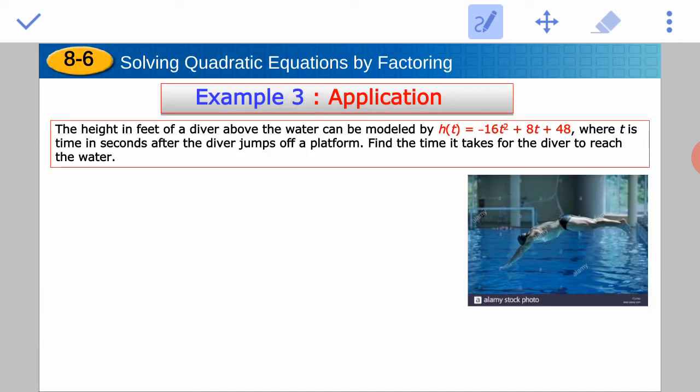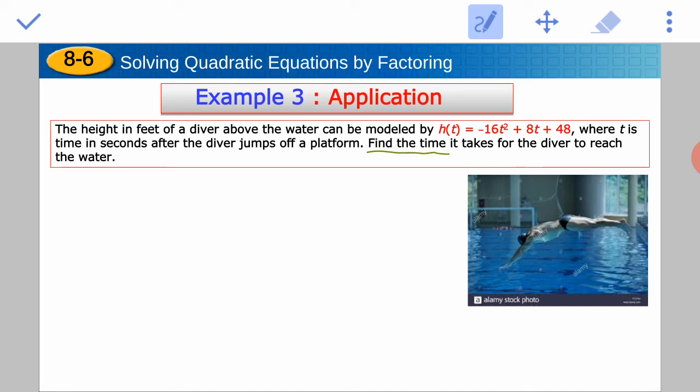Finally, guys, let's finish this section with a real life application word problem. Guys, parabolas are around us in real life. Take this problem. It says the height in feet of a diver above the water can be modeled by this quadratic equation, where t is the time in seconds after the diver jumps off a platform. Find the time.